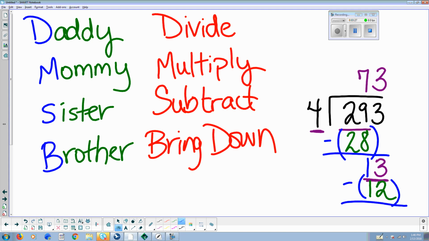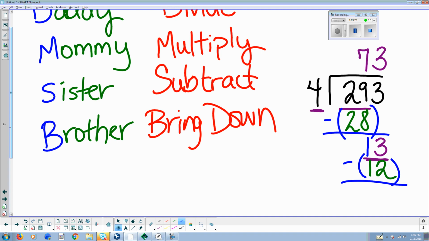So 13 subtract 12 is 1. And the last step, brother, bring down, I don't have to do here because I don't have any more digits to bring down. So you probably learned in elementary school that the quotient, or the answer here, is 73 remainder 1. 73 with 1 remainder, 1 left over.